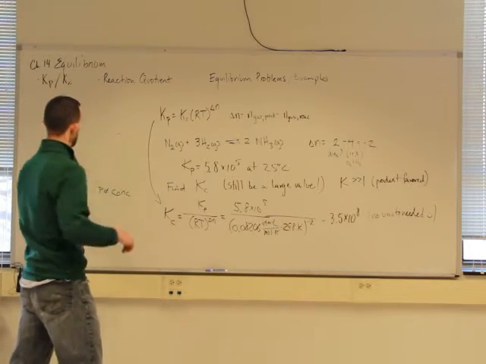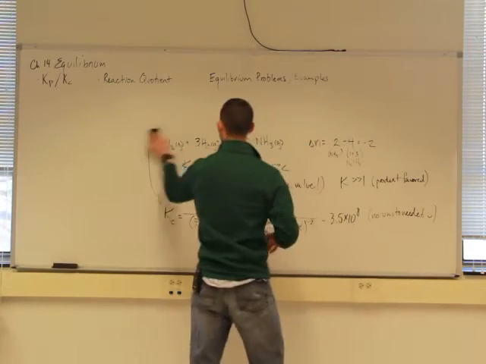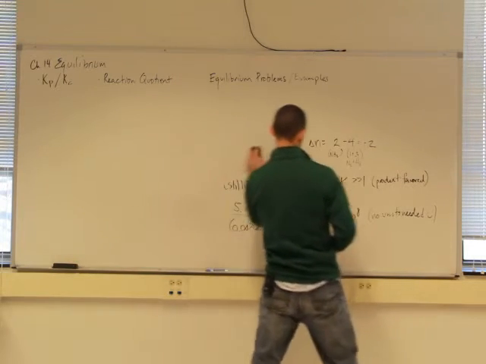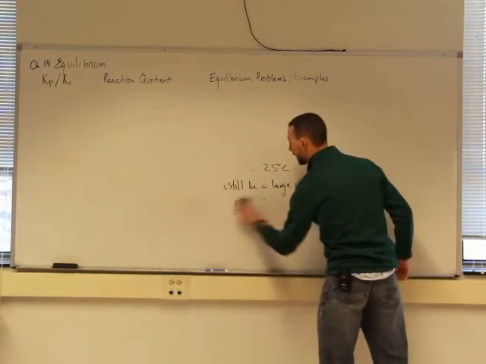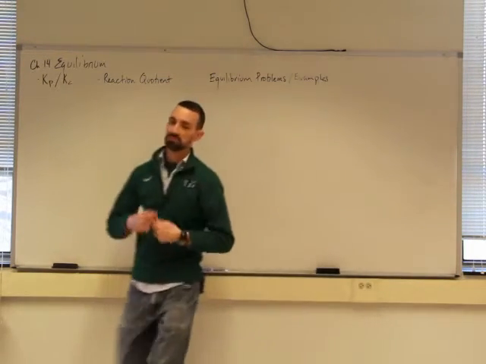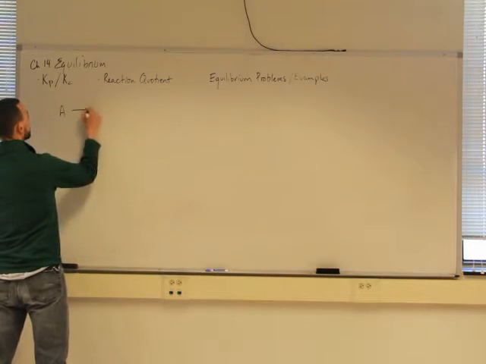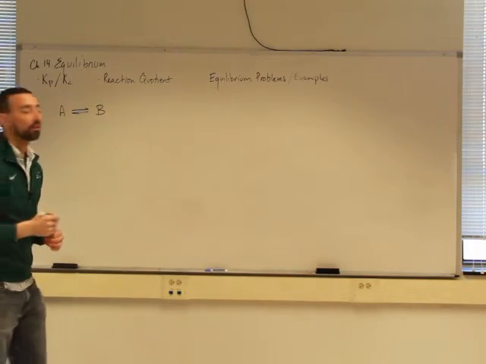Okay? All right. Let's move on to this next concept of what a reaction quotient is. Suppose you went into the lab and you wanted to conduct a reaction. Keep it real simple. This reaction is going to be A turning into B. This is a reversible reaction now, though.